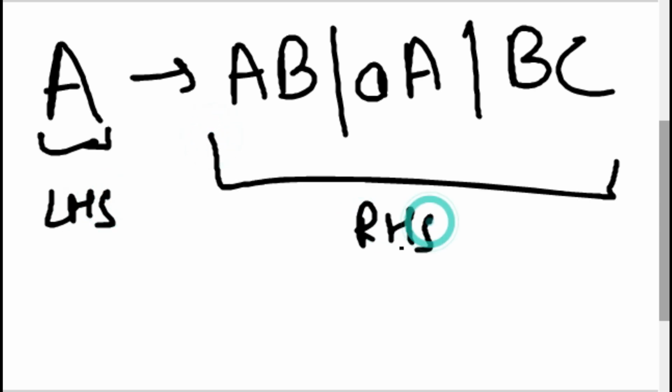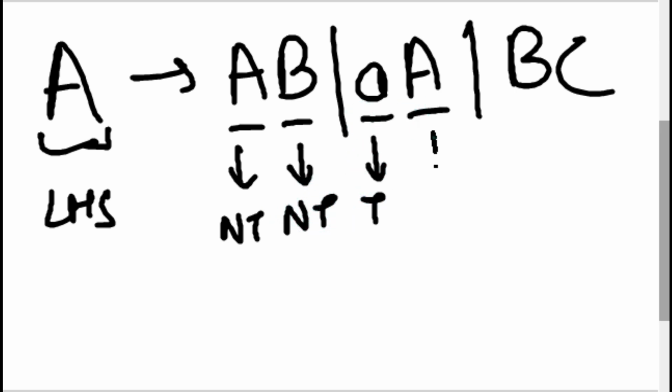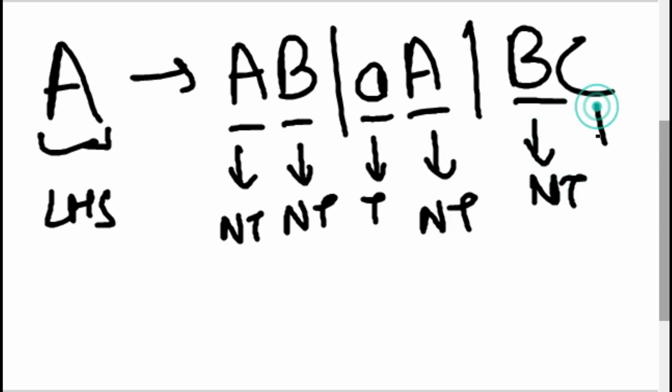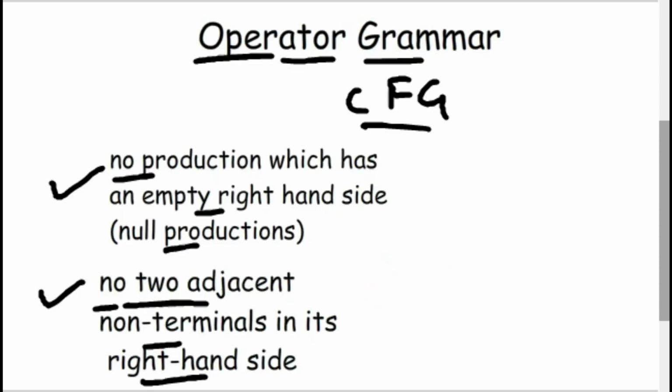So in the right hand side, this one is a non-terminal, this one is a non-terminal, this one is a terminal, this one is a non-terminal, this one is a non-terminal, this one is a non-terminal. In this, these two non-terminals are adjacent to each other. They are beside each other in the right hand side. These two non-terminals are also adjacent to each other. So therefore this is not an operator grammar, because to have an operator grammar, there should be no two adjacent non-terminals on the right hand side.